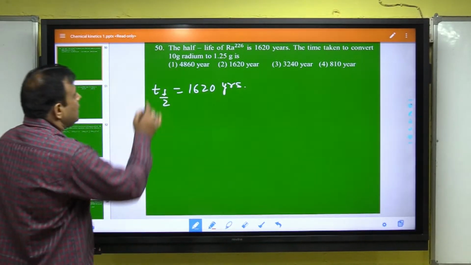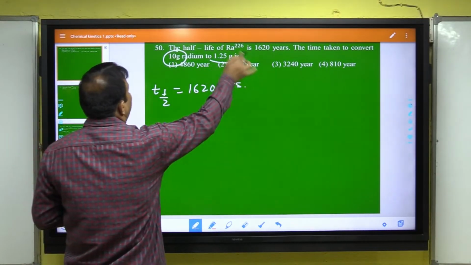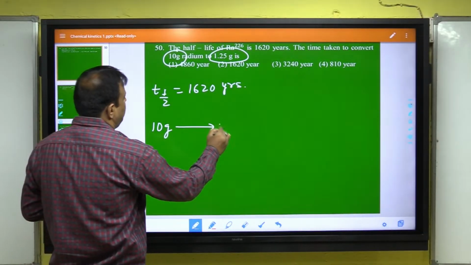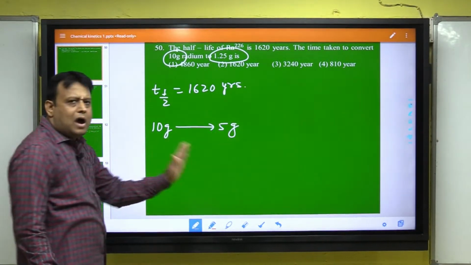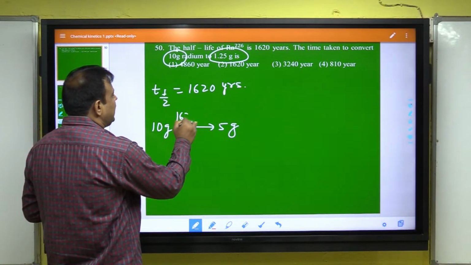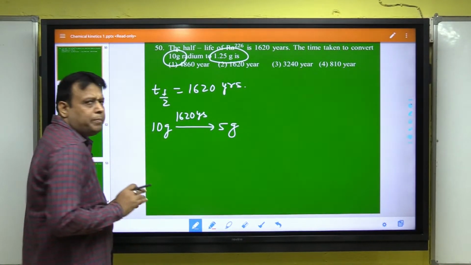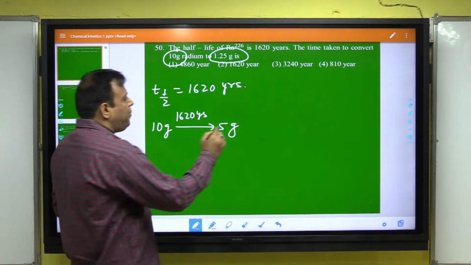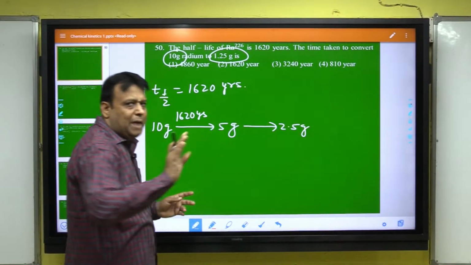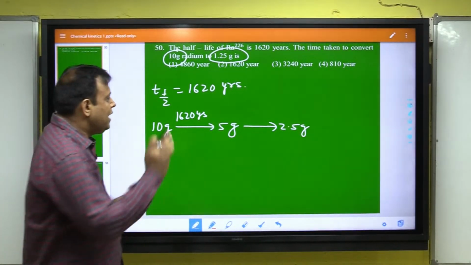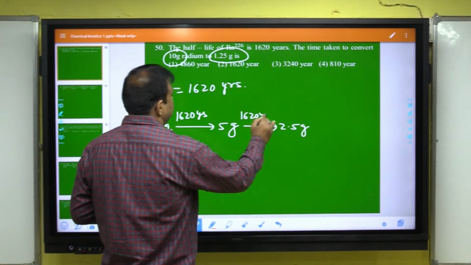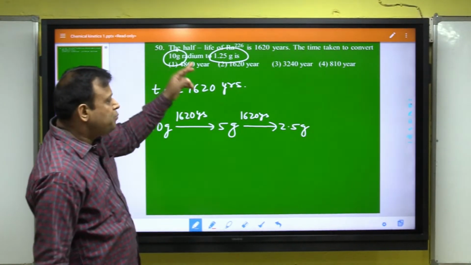Listen, 10 gram radium to 1.25. 10 gram to 5 gram, half of 10 gram, takes 1620 years because of half-life. Then 5 to 2.5, half, because half-life of first order does not depend upon the amount. Again 1620 years. But the question is 1.25.